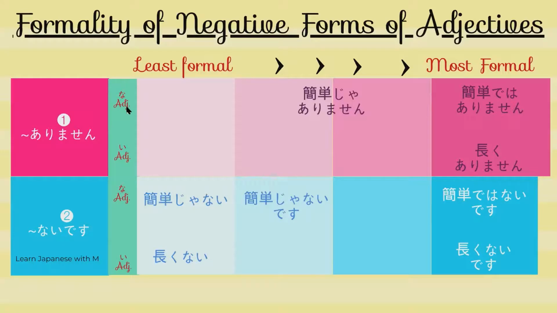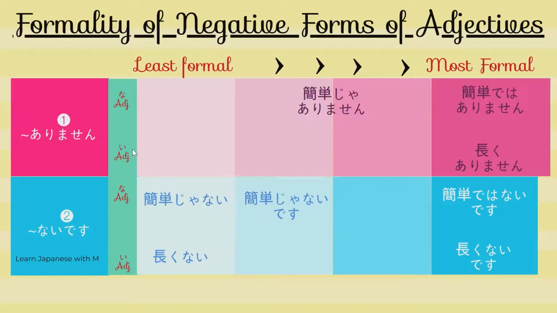Na adjectives, 簡単じゃありません. 簡単じゃありません is less formal than 簡単ではありません because じゃ is less formal than では. But these two expressions both mean it is not easy. 簡単じゃありません. 簡単ではありません.